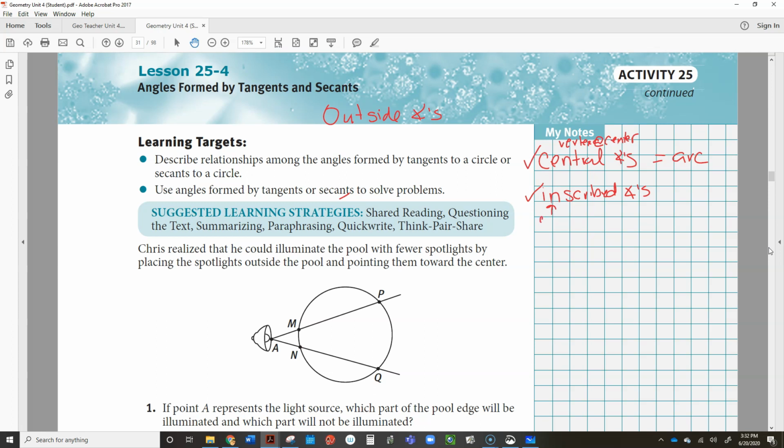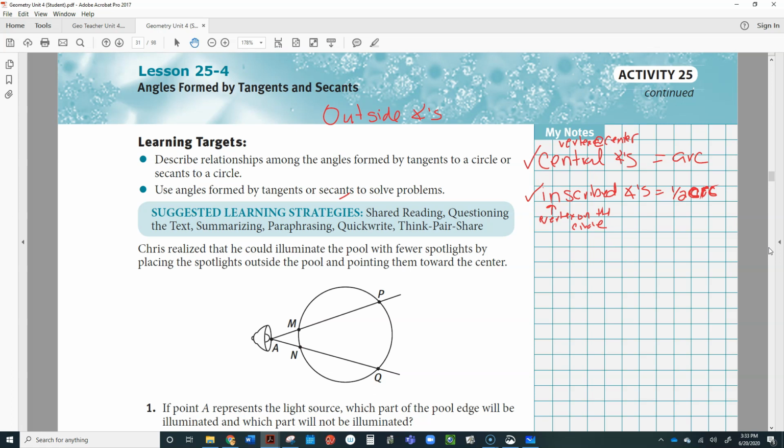Inscribed angles have their vertex on the circle. And what's the relationship between the angle measure and their arc? It's half their arc. So you find the arc measure, you take half of it, and that's equal to the angle measure.